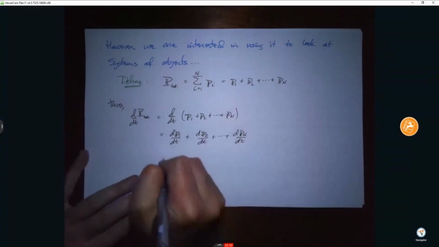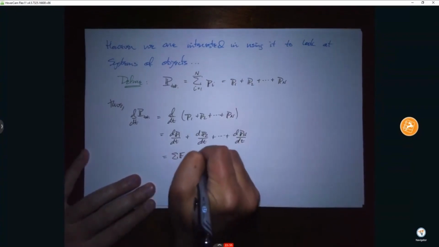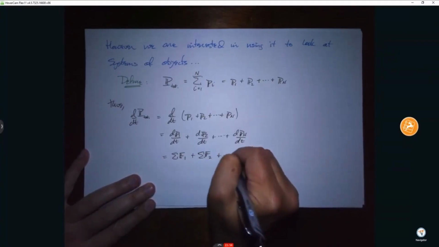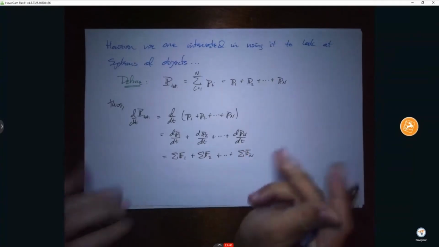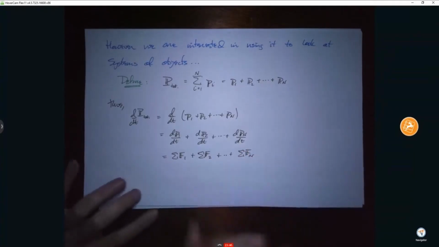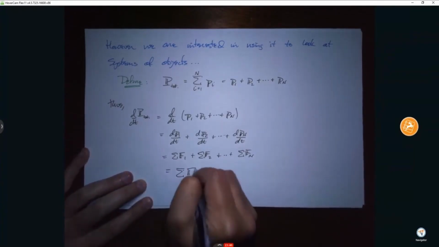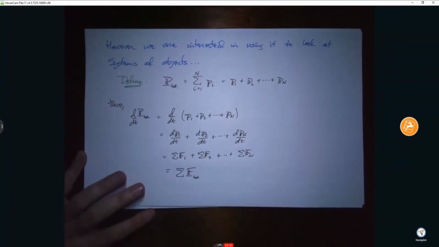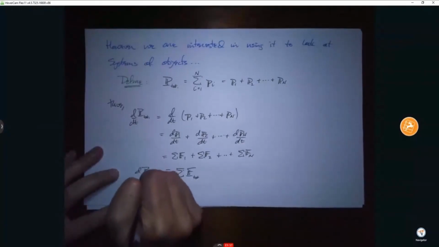And then by Newton's second law, this is the net force on object 1 plus the net force on object 2, added all the way up to the net force on object n. When we vector add all of these together, we get the total net force over all of the objects, and that's equal to the time derivative of that total momentum.